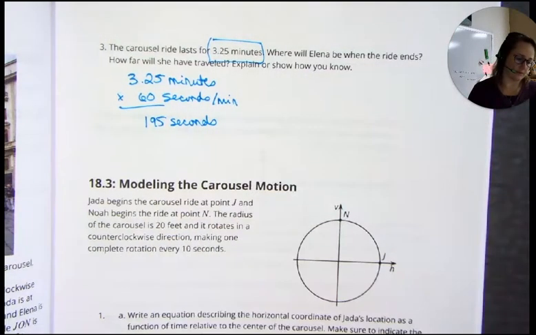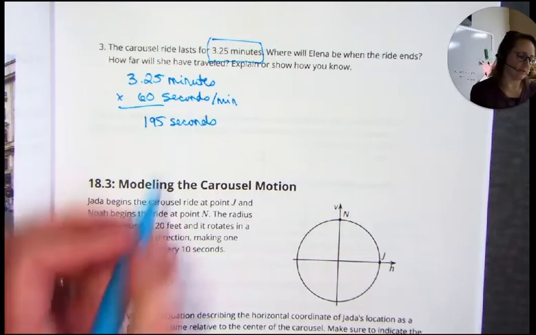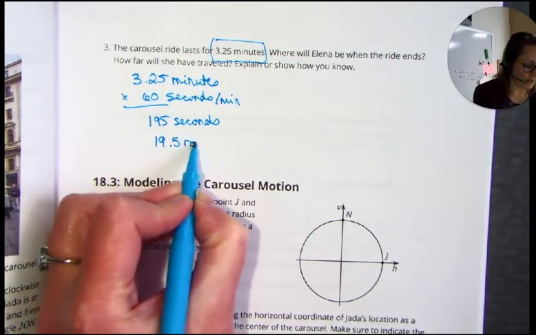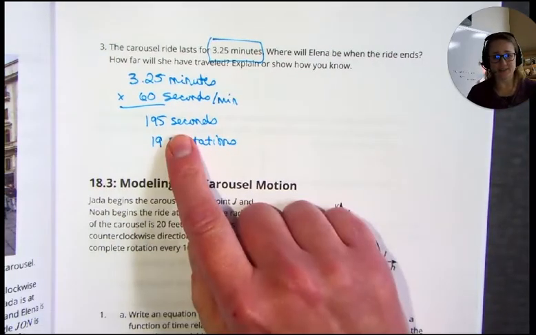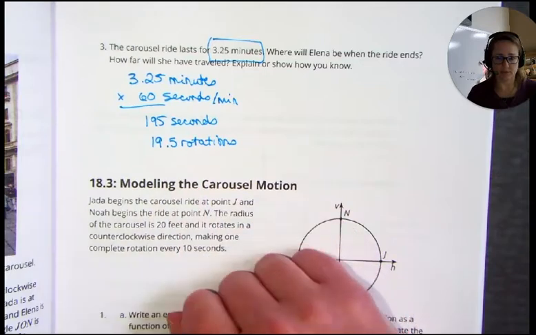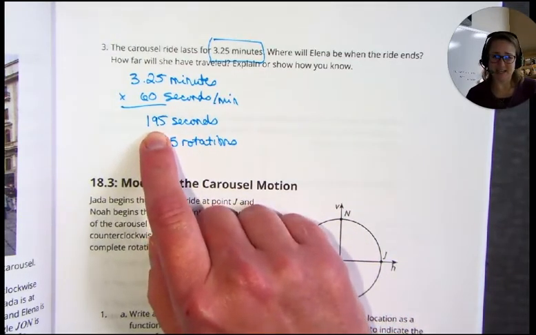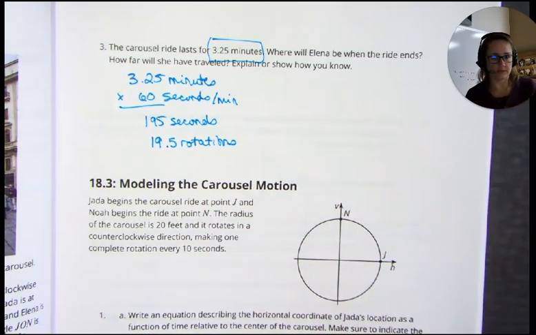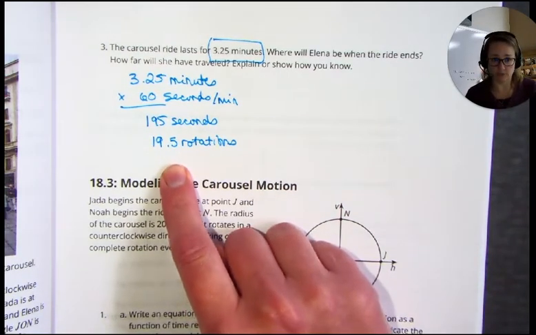Okay, so in 10-second intervals, this means she has gone through 19 and a half rotations. It takes her 10 seconds to go around one time. So she's gone around 19 times and another halfway around, because it's only 5 more seconds, not 10 full seconds. So she's gone 19 and a half rotations.